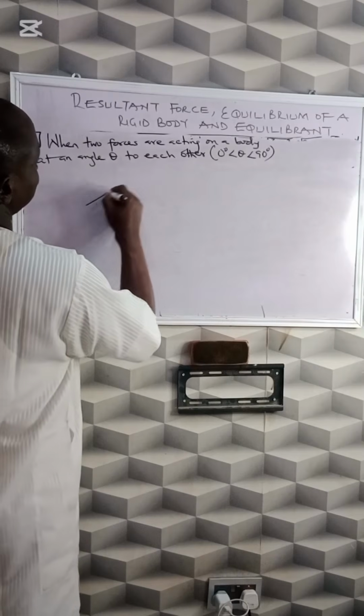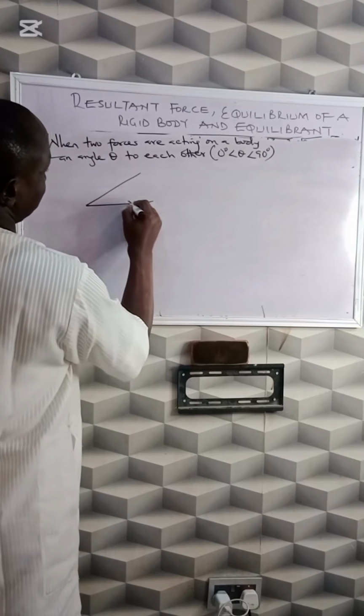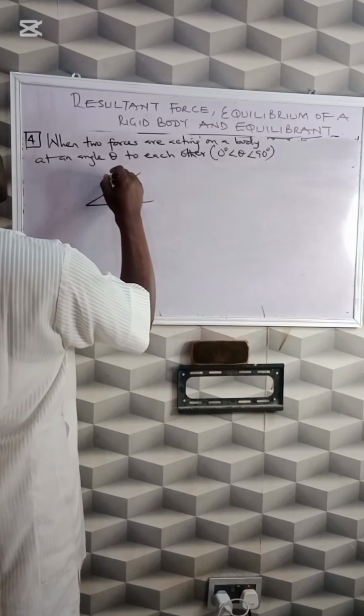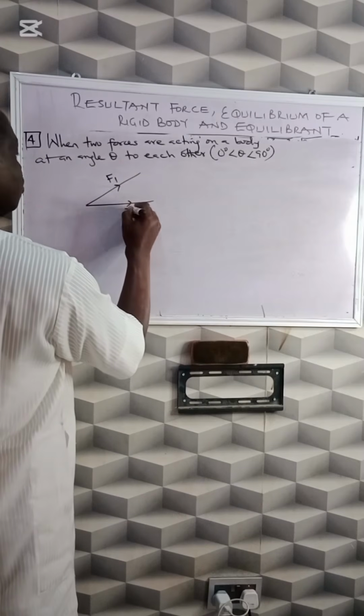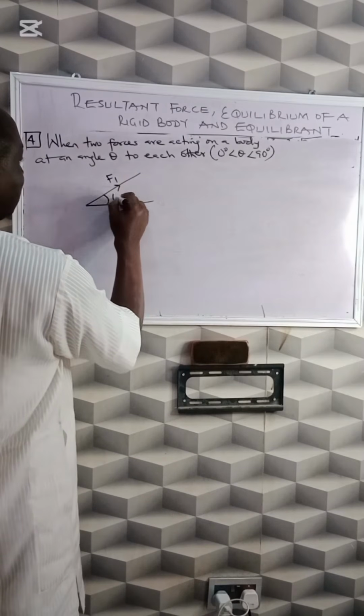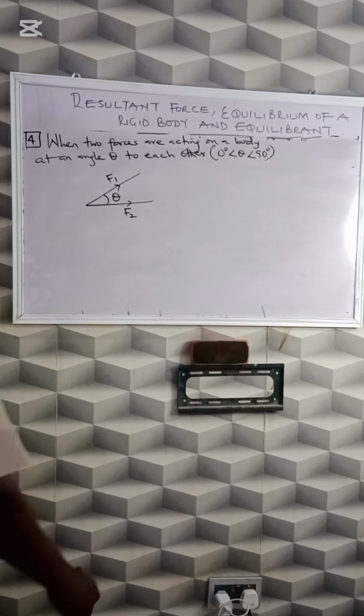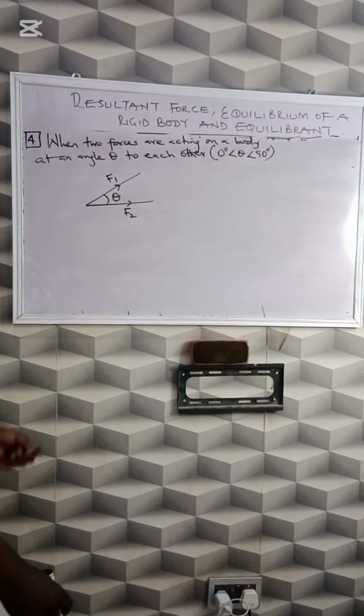So you have the diagram this way. You have F1 here, you have F2 here, then you have the angle theta. Then how do you find the resultant?